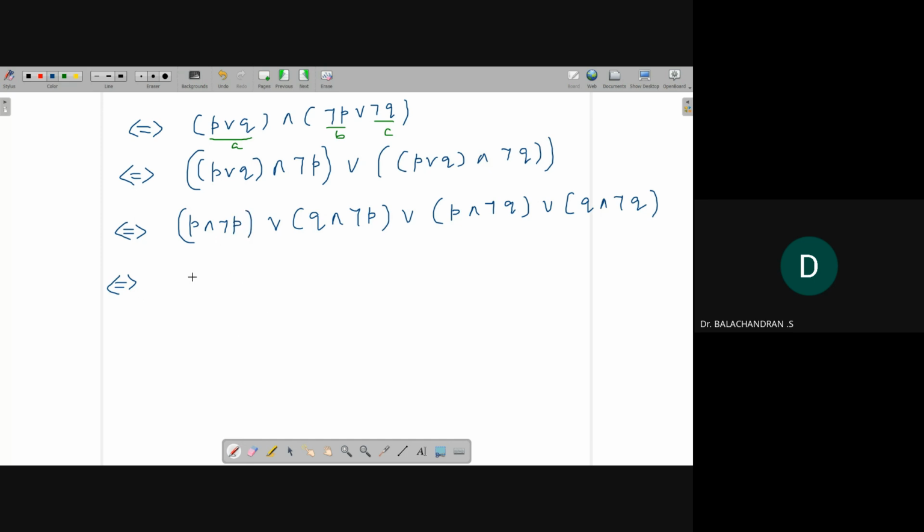So this is actually false, or you can write using the commutative law negation P and Q, or P and negation Q. This is also false. So finally, you will get F or P is P. So negation P and Q.